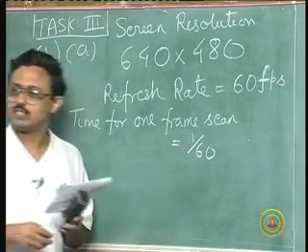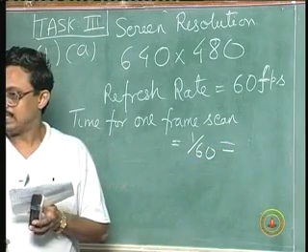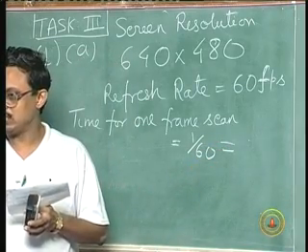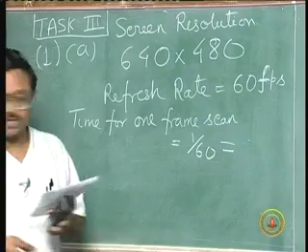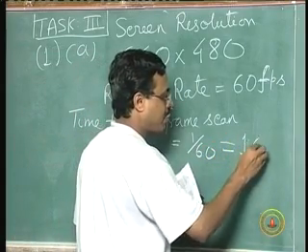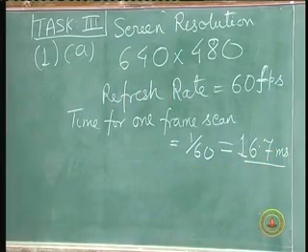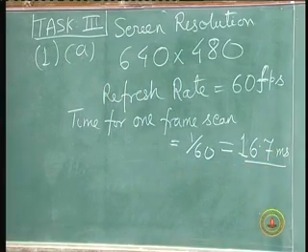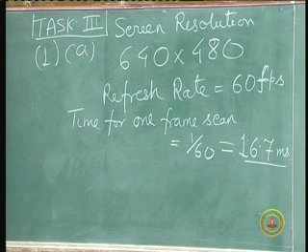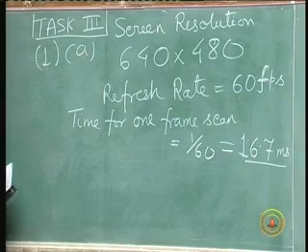How much does 1 by 60 come to? It will come to about 16.7 milliseconds. You can check it out yourself, it will come to approximately 16.67, which I round off to 16.7 milliseconds. Okay, that is good.